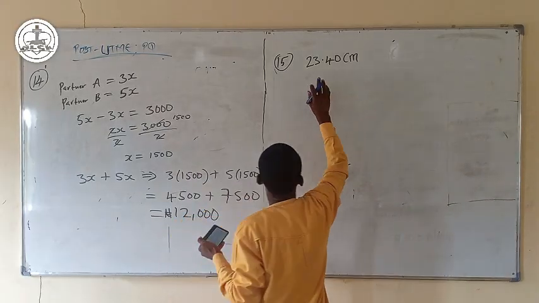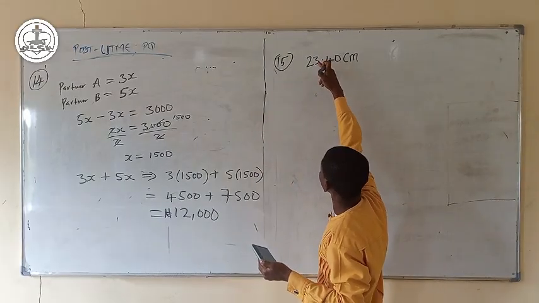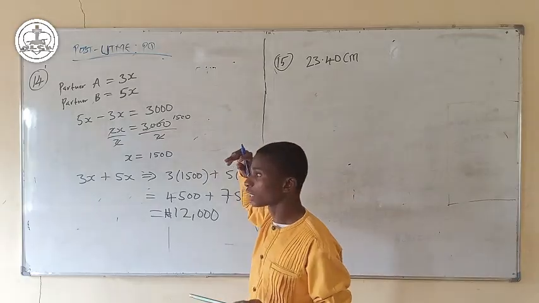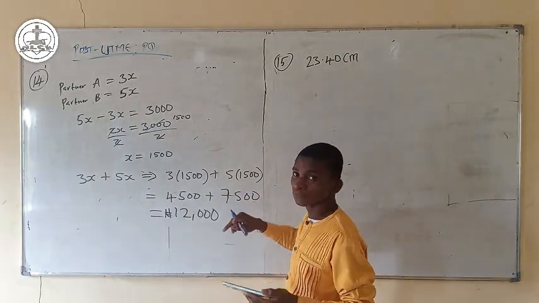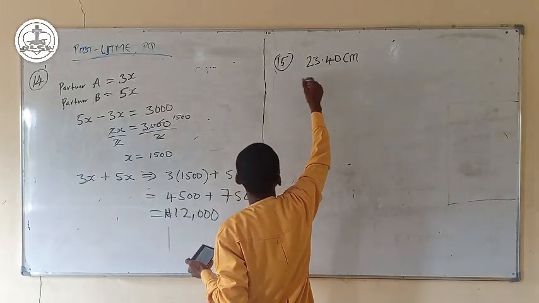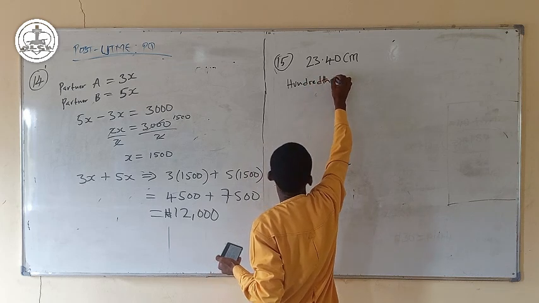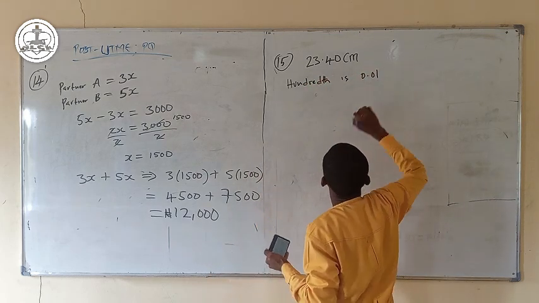They have told us that this is 4 significant figures. We have 23.40. This is our units, tenths, and hundredths. So we consider the hundredths place. Our error will be found by dividing the hundredths value, 0.01, by 2.